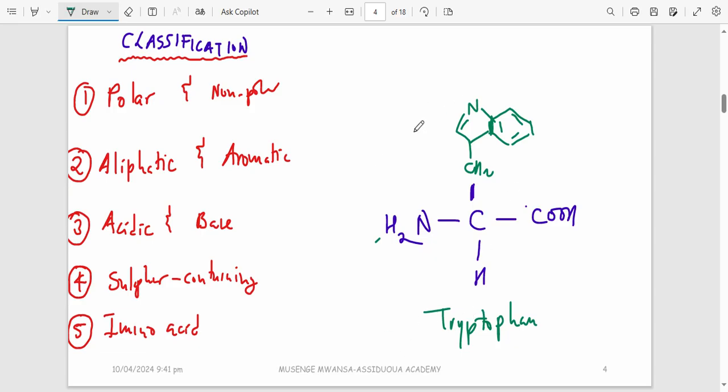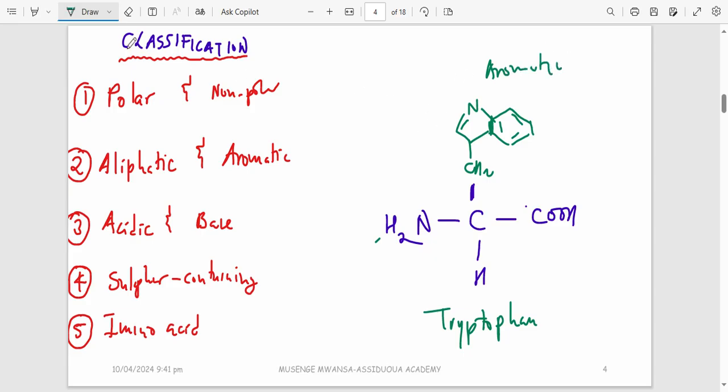Let's comment on whether it is aliphatic or aromatic. It's going to be aromatic. So that is for tryptophan.